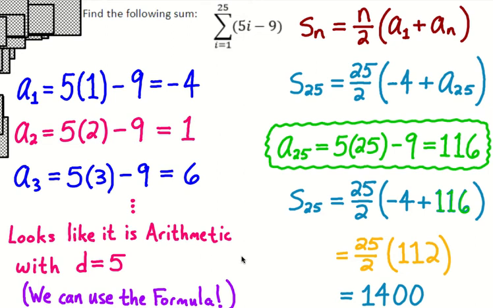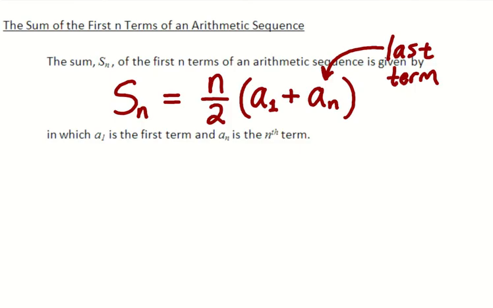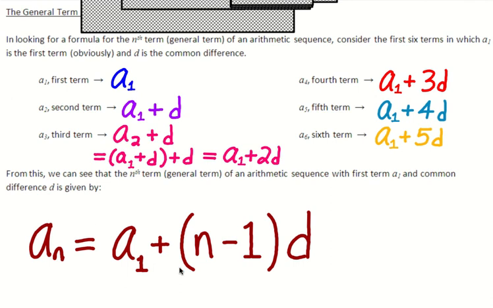And just also keep in mind that now we have a couple major formulas in our back pocket, at least for arithmetic style sequences and series. This formula for the sum and this formula for the nth term. And that is section 5.2.